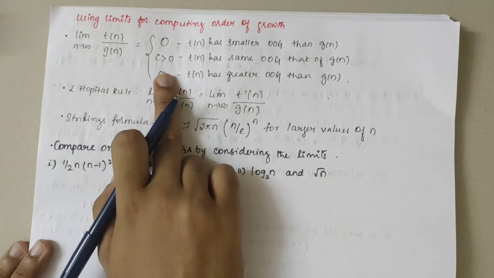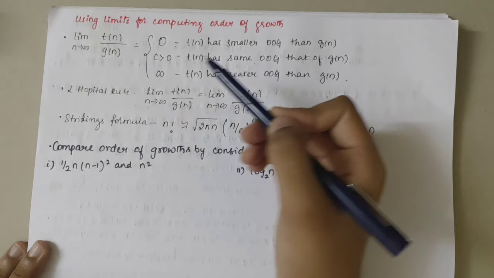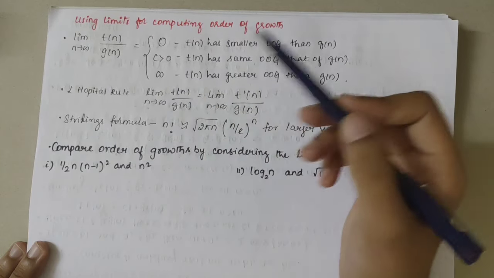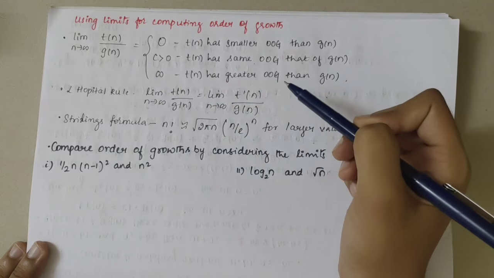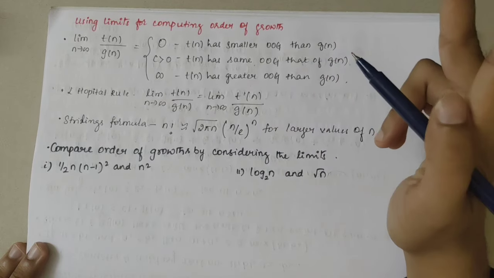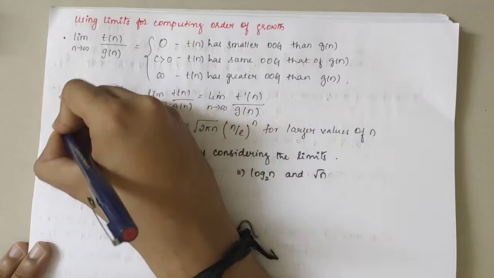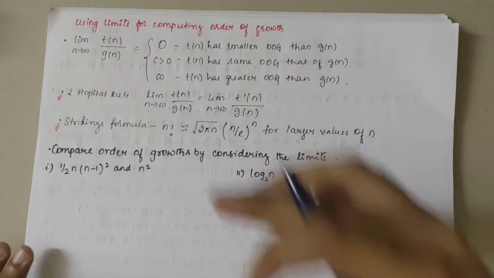If c is greater than 0, the constant is greater than 0, then they have same order of growth. And if it is infinity, then t of n has greater order of growth than g of n. In order to solve such problems, we'll be using two major rules. One is the L'Hopital rule and the other one is Stirling's formula. I'll explain this while solving the problem.